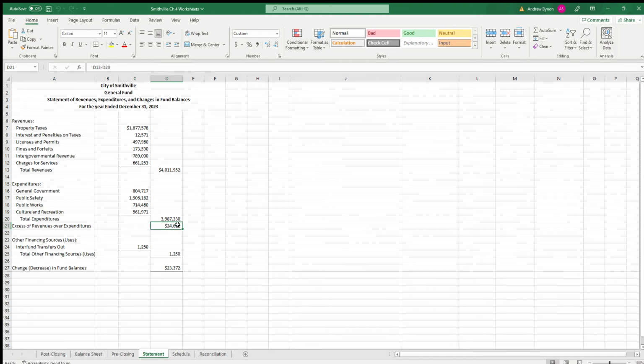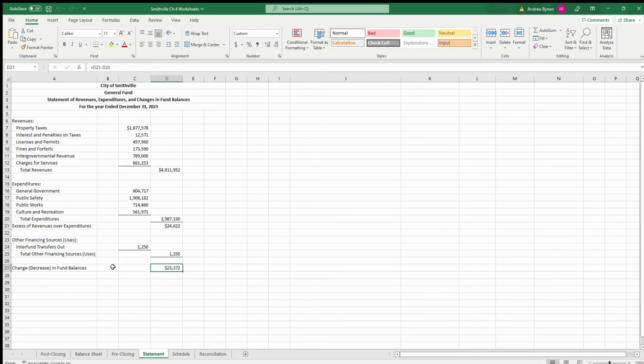Then we have the excess over our expenditures. But on top of that, we also have our interfund transfers out. In one of the entries, we sent an amount from our general fund to a street aid fund. So that's going out.